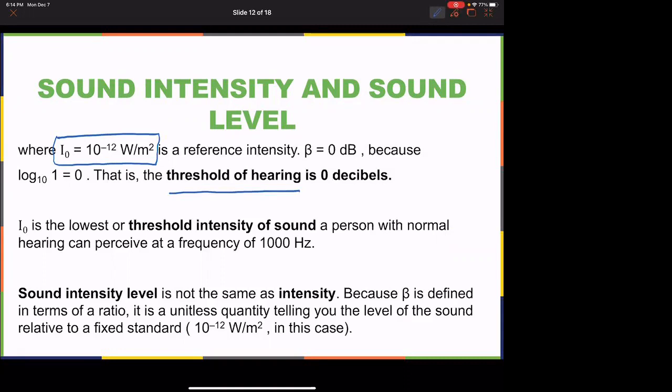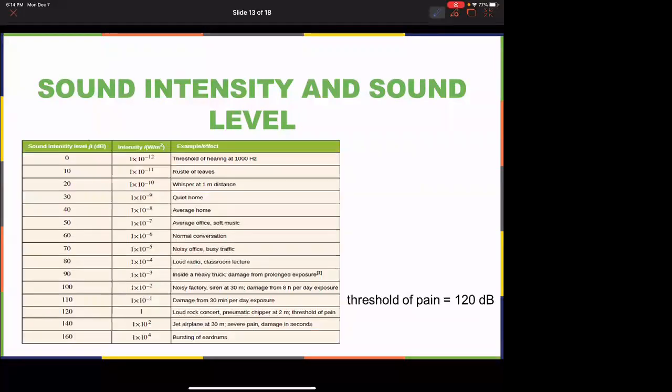It's the lower limit of hearing. So you just need to know that value, and this is just a little bit of background on it.